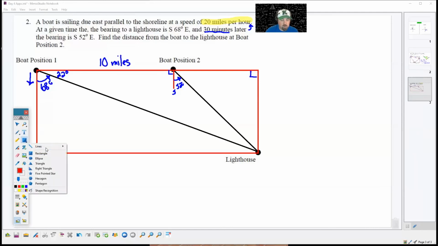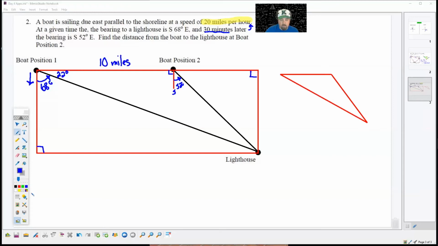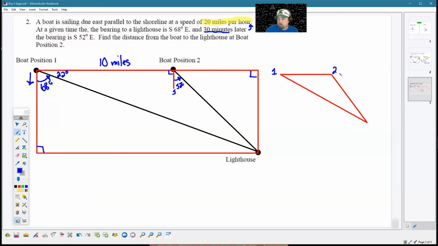So I'm just going to draw the triangle like we did with the last one. So we're that way across, down to a lighthouse here, and here. That's pretty close. And things that we knew. So we figured out, let's label our stuff here. So this was position 1, this was position 2, and this was the lighthouse.